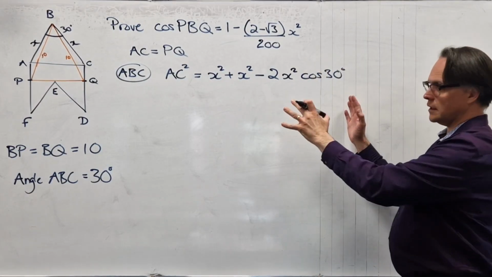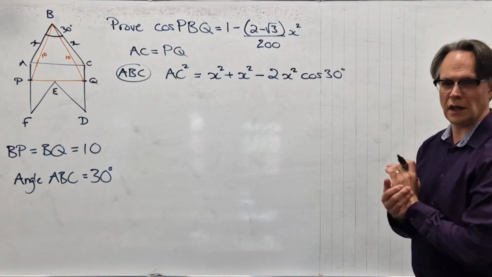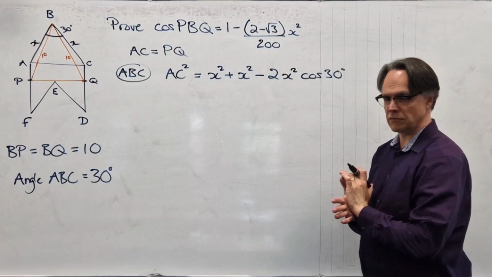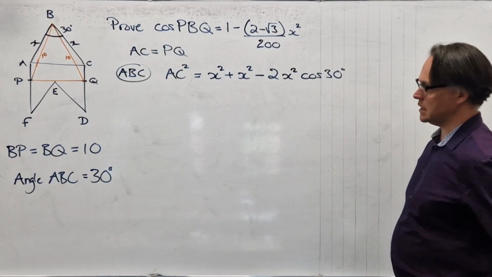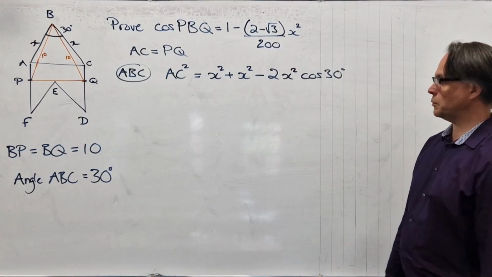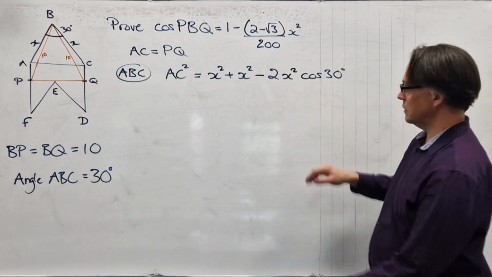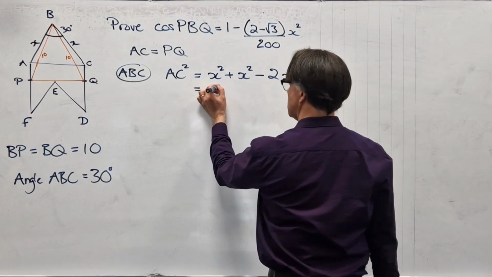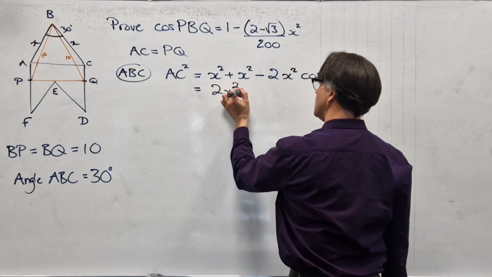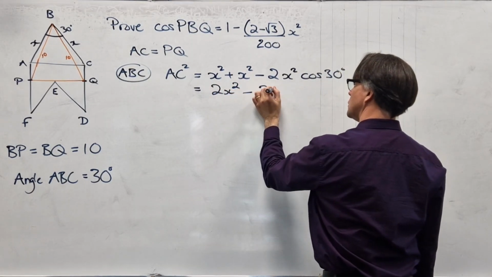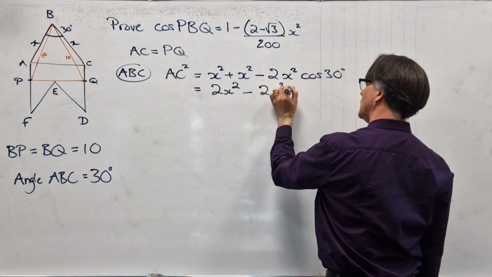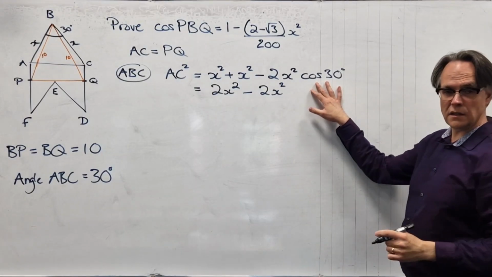I haven't written the cosine rule down. I imagine you've got access to the cosine rule. I'm just aware that this is probably going to take up most of the board. I don't want to waste space. So what have we got? We've got AC squared is x squared plus x squared, that's 2x squared, minus 2x squared cos of 30 degrees.